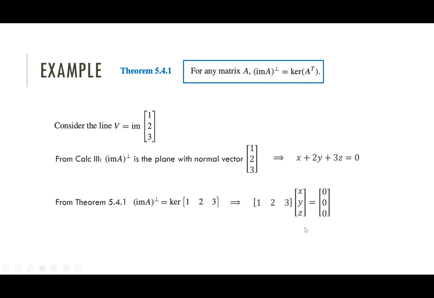It's the set of x, y, z such that this matrix times x, y, z is the 0 vector. And matrix multiplication tells us that indeed this is x plus 2y plus 3z equals 0. So this is just to reassure you that this is true by solving it in two ways: one, a way you already knew how, and the other using the theorem, and you still get the same thing.